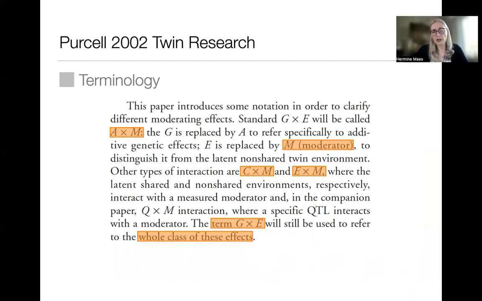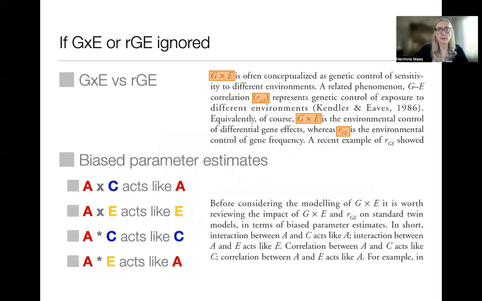The standard G/E models in Shaun's paper will be referred to as A by M, where A refers to the additive genetic variance and M to the moderator, as we can, of course, moderate either the additive genetic variance components or the shared or unshared environmental variance components, which we would call C by M or E by M. And each of these different types of effects fall under the general class of genotype by environment or G/E effects.